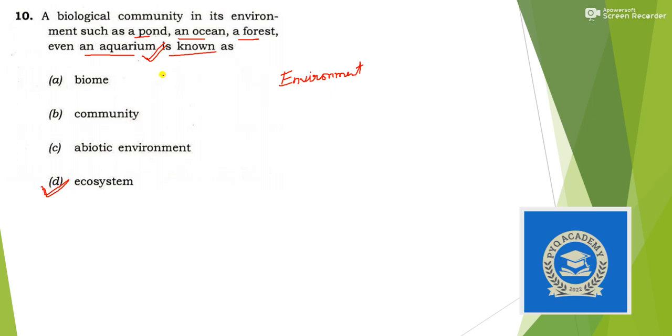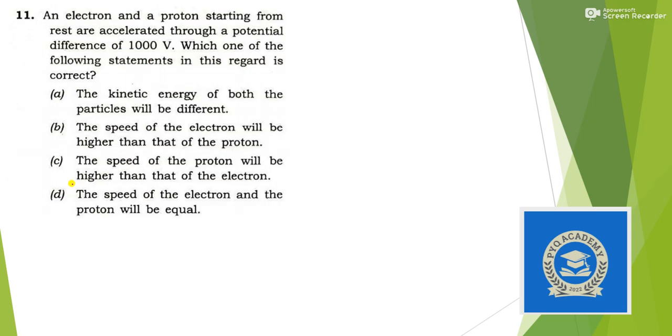These are examples. A pond is an ecosystem, ocean is an ecosystem, a forest can be an ecosystem, even an aquarium can be an ecosystem, which is an artificial ecosystem. So our answer is option D. Let's move to next question.